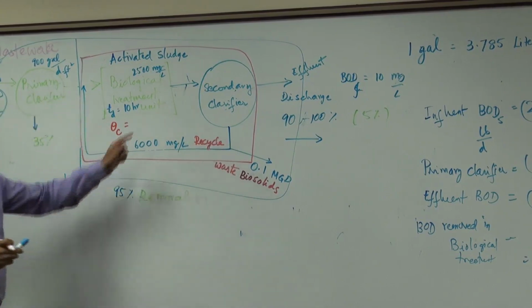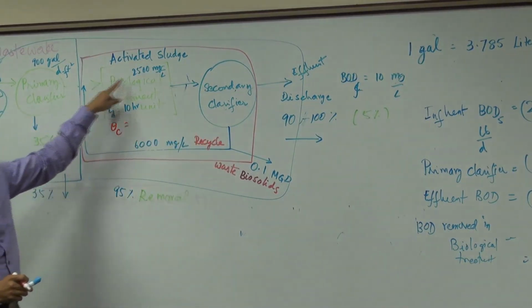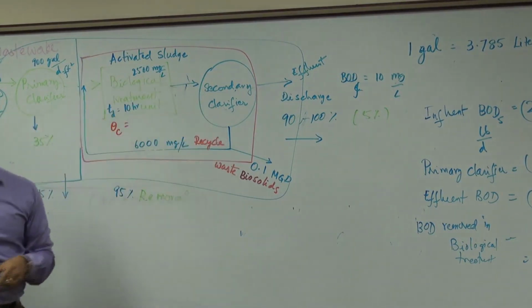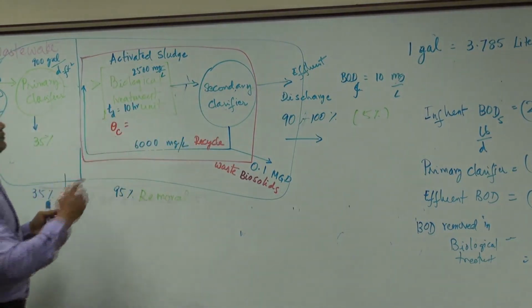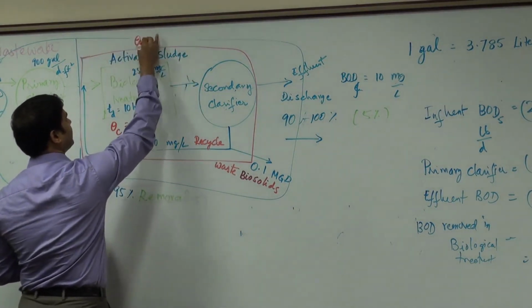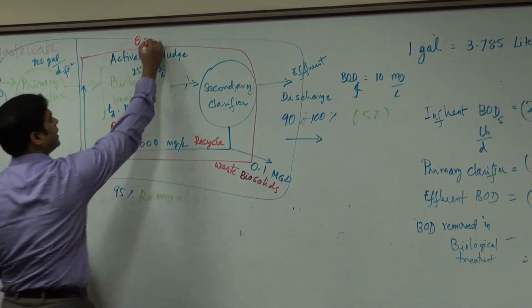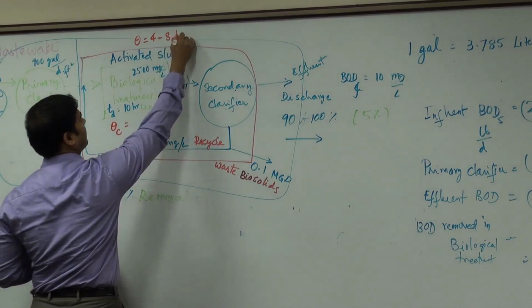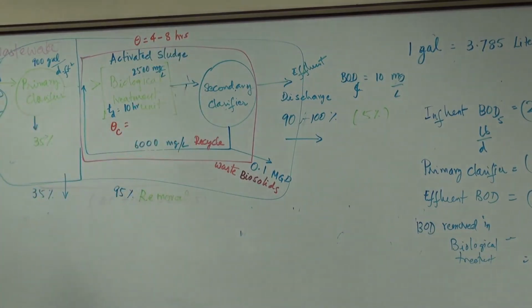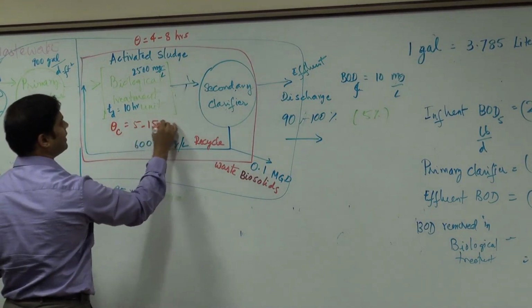So the biosolids are being recycled, and they are in this cycle for so many days. When you see theta, theta would be somewhere between 4 to 8 hours. But your theta C is anywhere from 5 to 15 days.